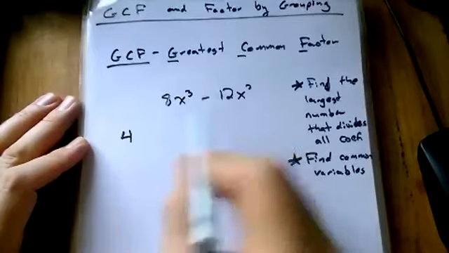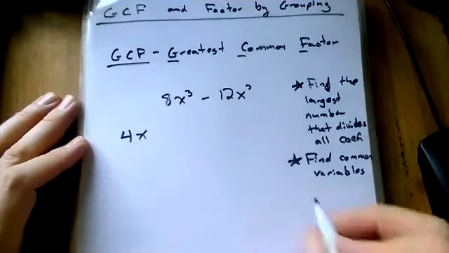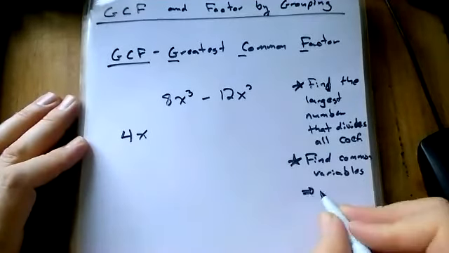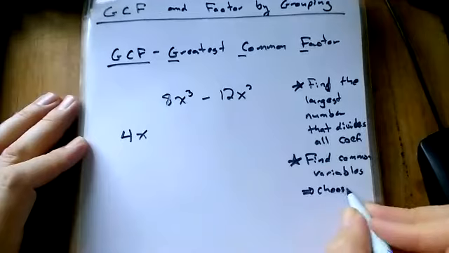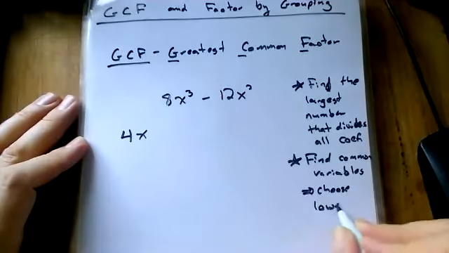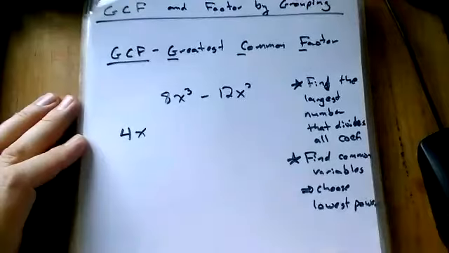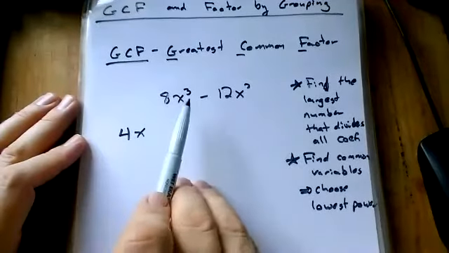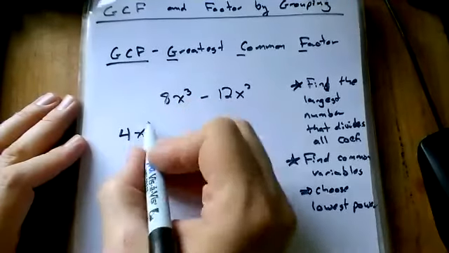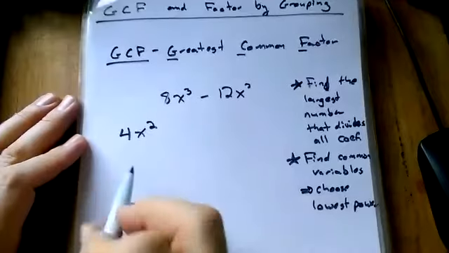So I've got x's in both of these. And when I do this, I'm also going to choose the lowest power that's present. So I've got an x cubed and an x squared, so I'm going to factor out a 4x squared.